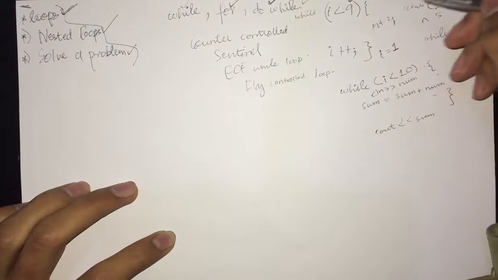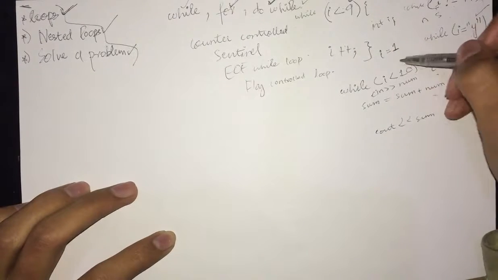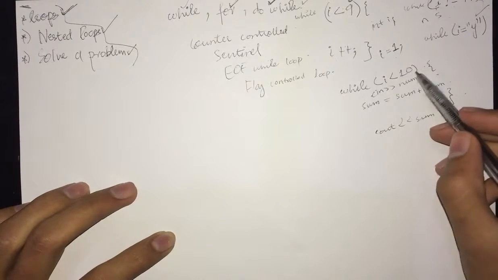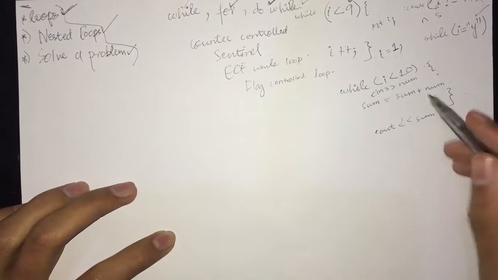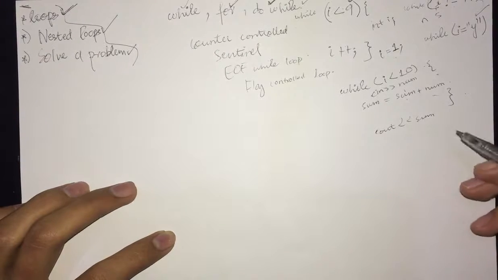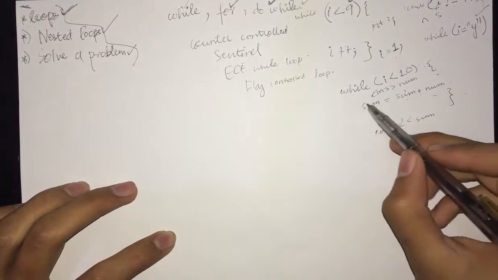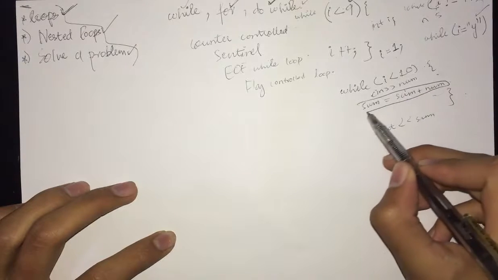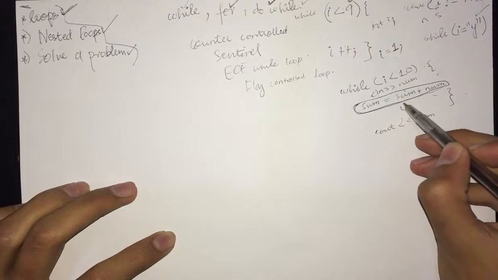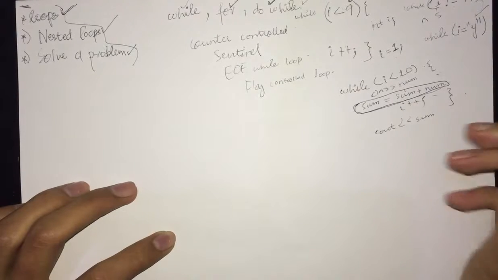So we have this int I, we have declared it, we have initialized it, and here we have specified a condition while I is less than 10. So this code executes, and then it provides us with the sum. Here it is just storing the value of the sum. I plus plus is the incrementation.